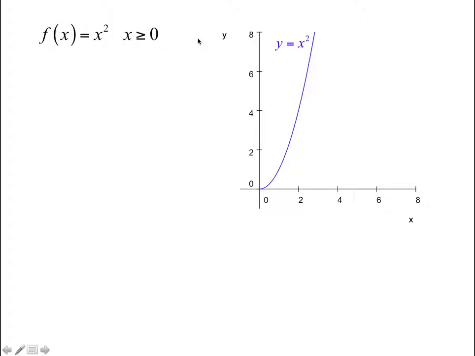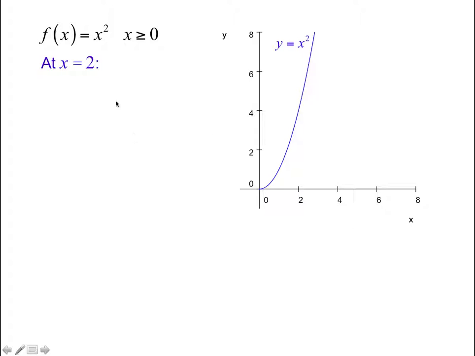If we mirrored that about the line y equals x, then we would have a sideways parabola. But the sideways parabola is not a function, right? It doesn't pass the vertical line test. So this restriction in the domain, in other words, restricting it to just the first quadrant, allows this function to be 1 to 1, right? We don't have any repeating y values. And then we can find its inverse.